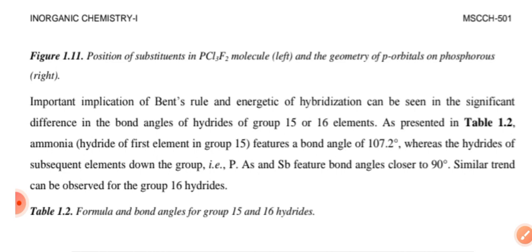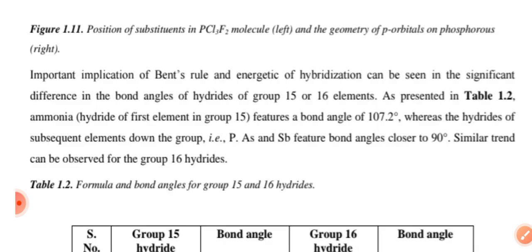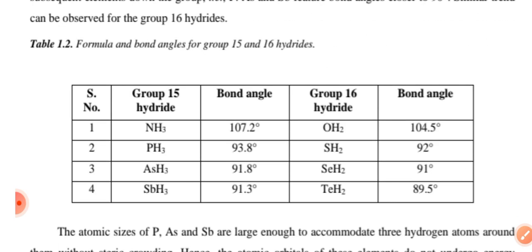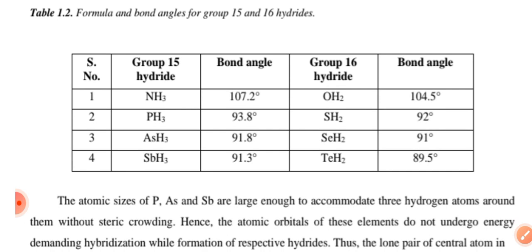Ammonia, the hydride of the first element in group 15, features a bond angle of 107.2 degrees, whereas hydrides of subsequent elements down the group, that is phosphorus, arsenic and antimony, feature bond angles closer to 90 degrees. A similar trend can be observed for the group 16 hydrides. Formula and bond angle for group 15 and 16 hydrides.